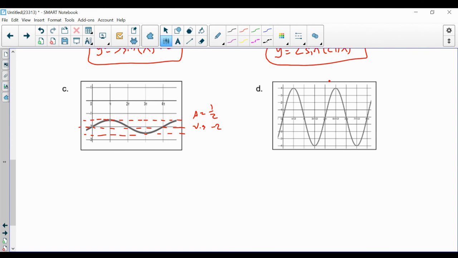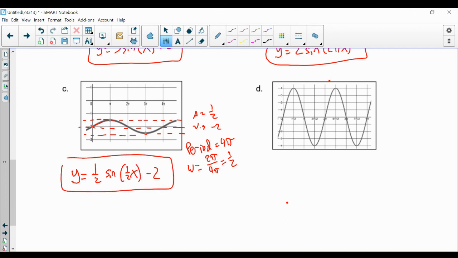And then our period is 4 pi. So again, we want the W, so we want to do 2 pi over 4 pi. Simplify this and we get 1/2. And again, my creativity has no bounds. It's a positive sine function. So it's 1/2 sine of 1/2 x minus 2.